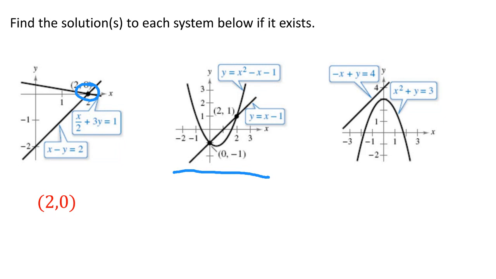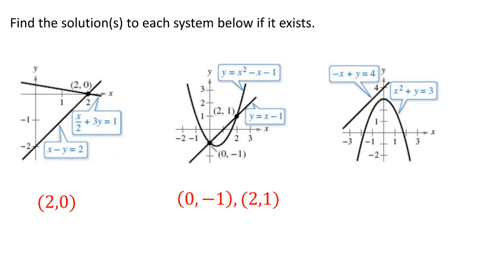Okay, in this case, this is a nonlinear system because we have a parabola and a line. Anywhere that they intersect, so it intersects here and it intersects here, those are going to be considered solutions to the system. So our solutions are (0, -1) and (2, 1). Now let's look at the third graph.